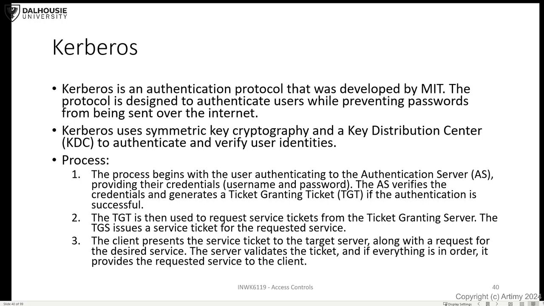The TGT is then used by the client to request service tickets from the ticket granting server. The TGS is the actual thing that the user uses to log into servers, right?